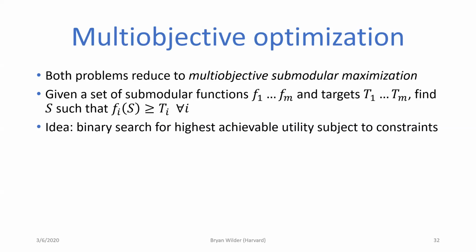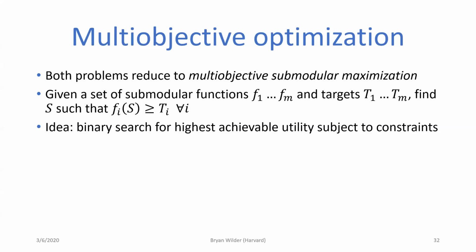So for example, in the group rationality case, fi here is the utility for group i, and ti is the utility that they should get according to the group rationality constraint. And then I can have a final function that represents total social welfare. I'll binary search for the highest social welfare that I can get while still meeting all of the constraints for the individual groups.